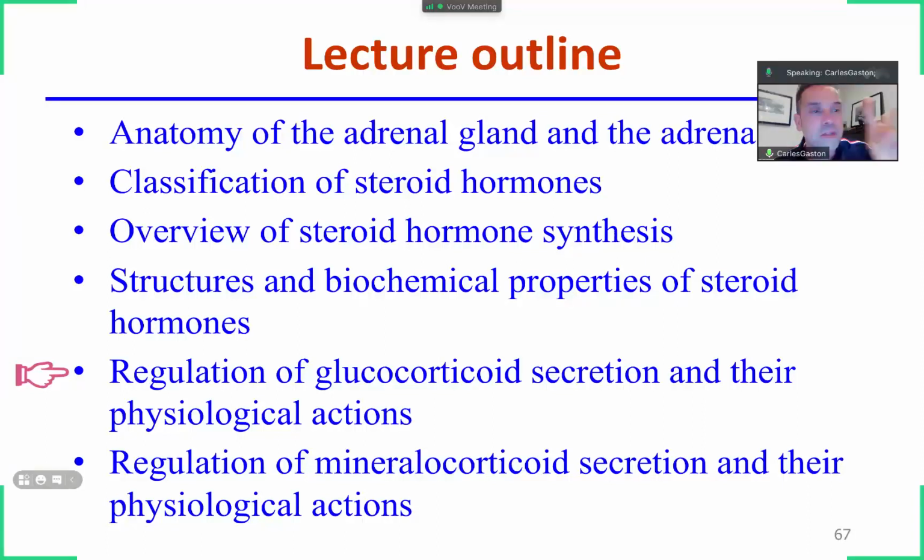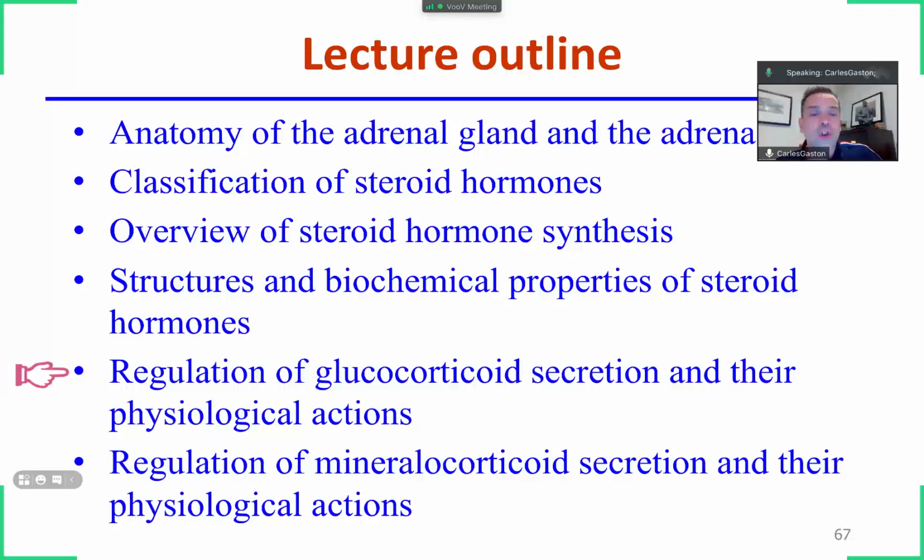The class will be divided into two. One, the regulation of glucocorticoid secretion, and the second one, the regulation of mineralocorticoid secretion. Okay? Remember that the adrenal cortex secretes three types, we said yesterday, of steroid hormones.